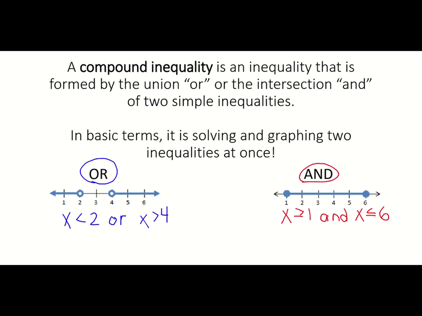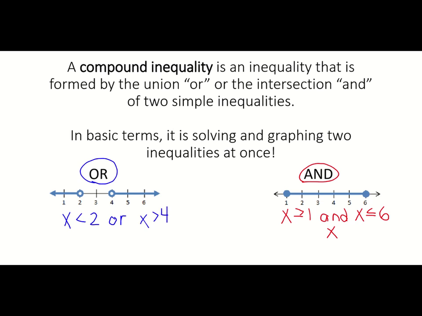Now, when you use the word and, we could write two separate inequality statements, but since this can happen at the same time, we can be greater than 1 and less than 6 at the same time. I can write this as one single compound statement, with x in the middle, and use the 1 and 6 to show my bounded points.